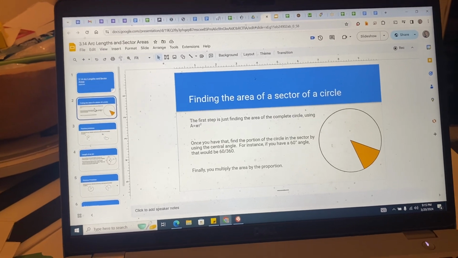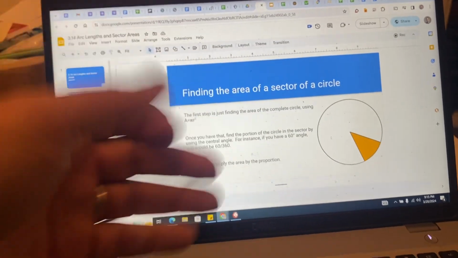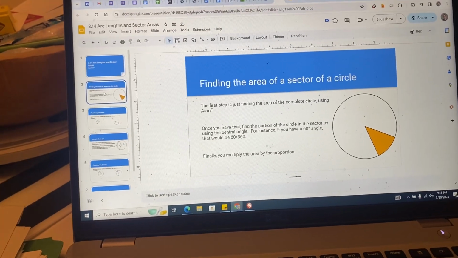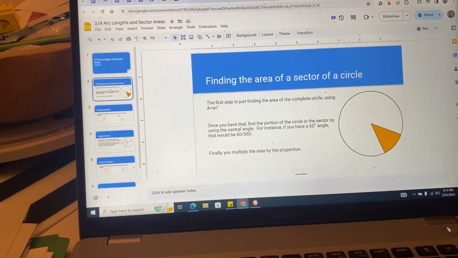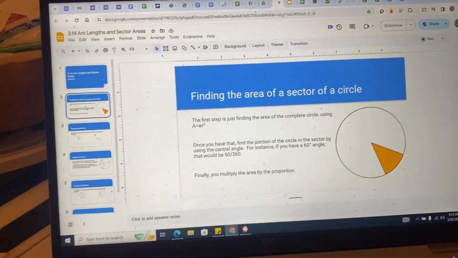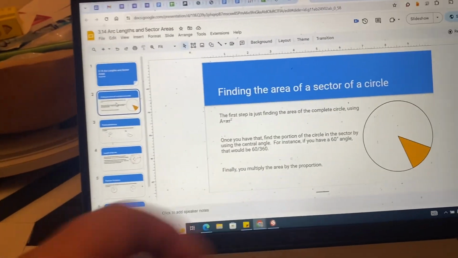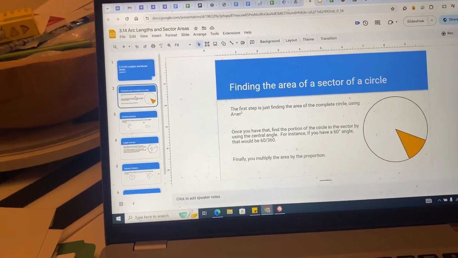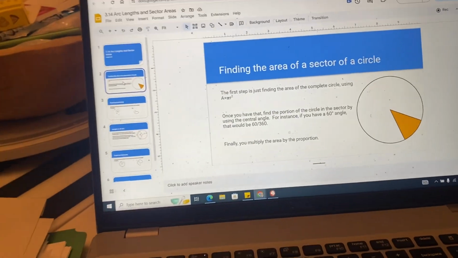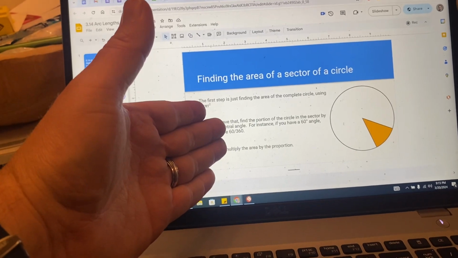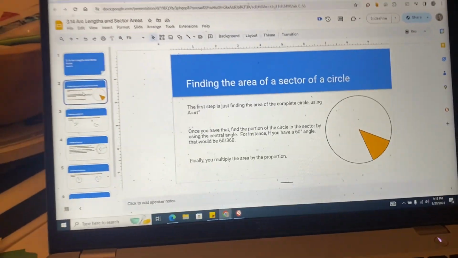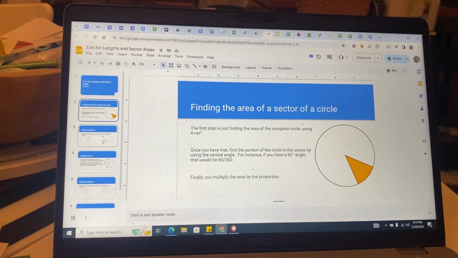You find the area of the entire circle, and then you multiply that by the portion of the circle that you have. So if this is a 60-degree angle, we're multiplying by 60 out of 360, or if you reduce the fraction, 1/6. We find that area and multiply it by the proportion. That gives us the area of just our sector.